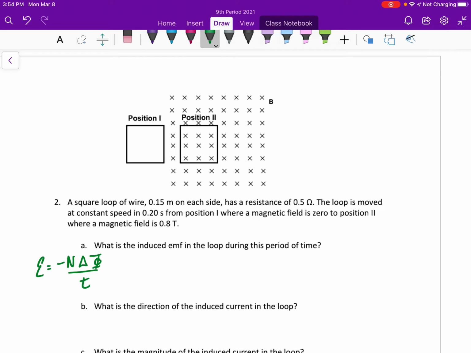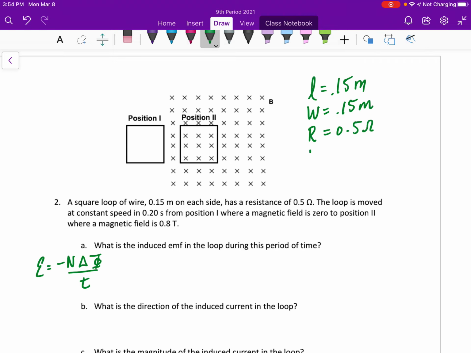So we have a square loop of wire, 0.15 meters on each side. I'm going to say length equals 0.15 meters and the width equals 0.15 meters. It has a resistance of 0.5 ohms.